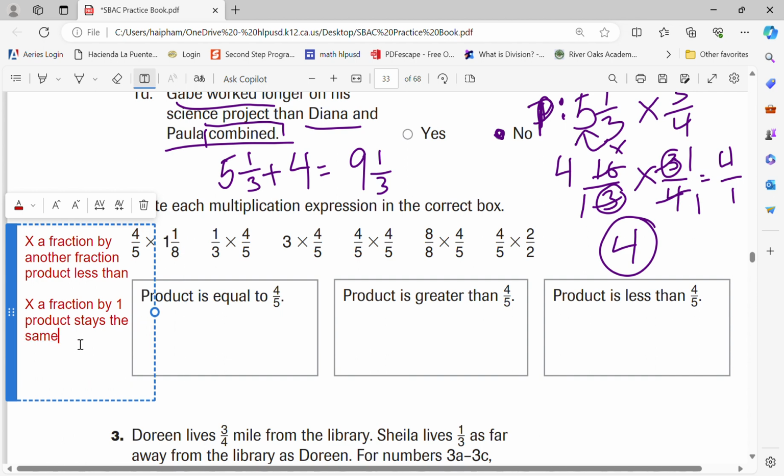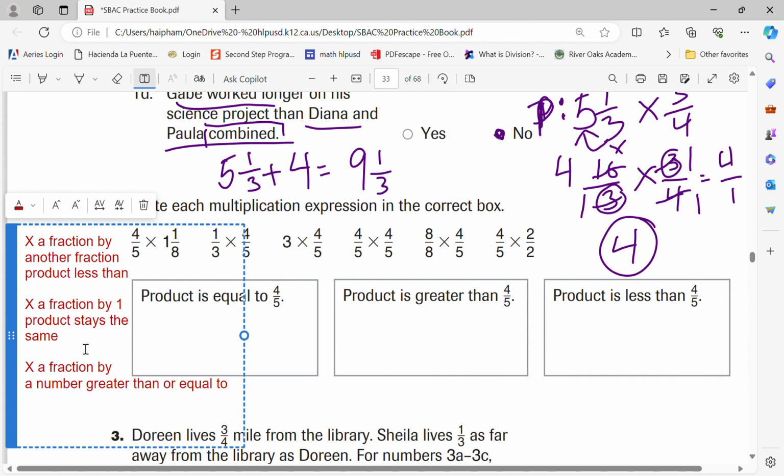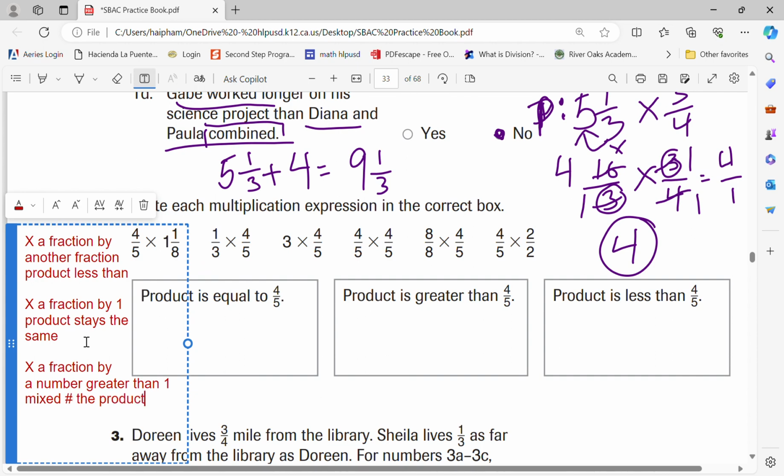Last but not least, when you multiply a fraction by a number greater than 1, which could be a mixed number, the product will be greater.